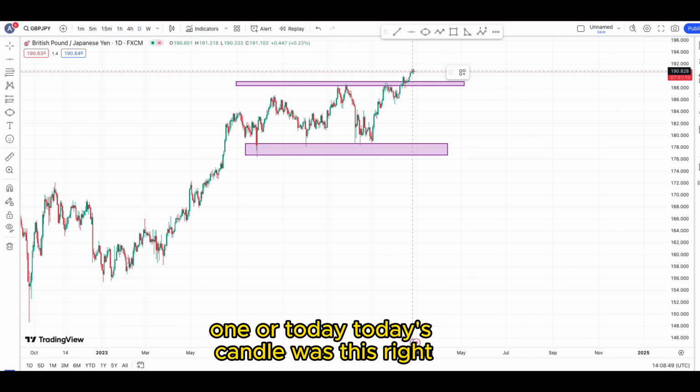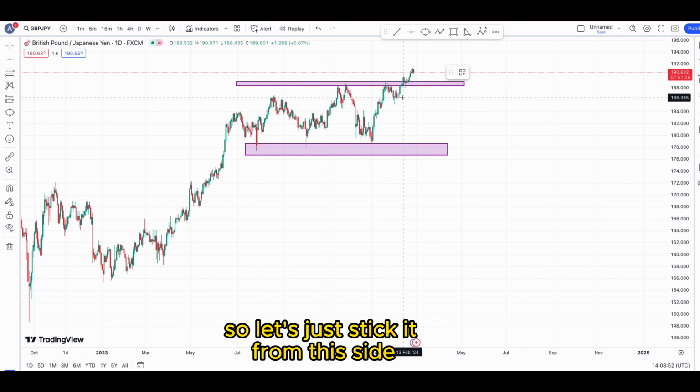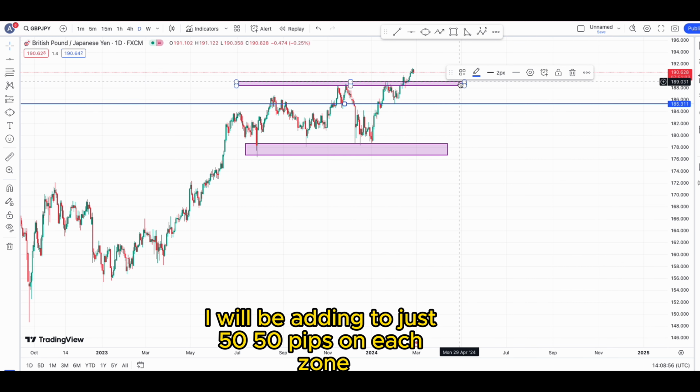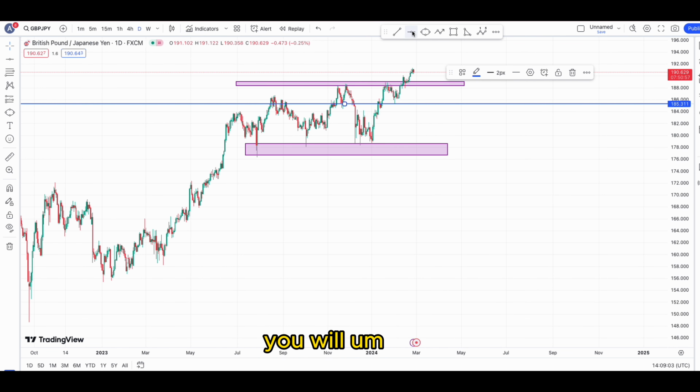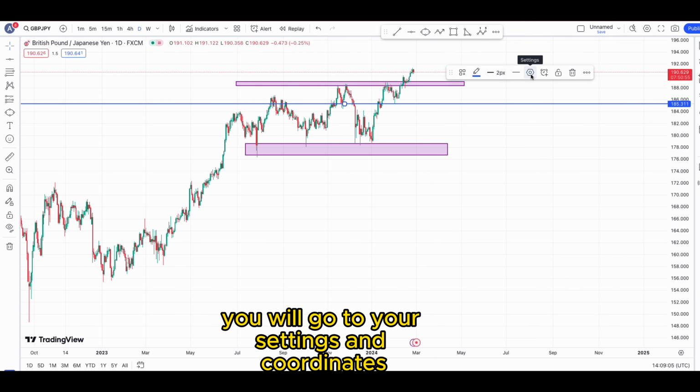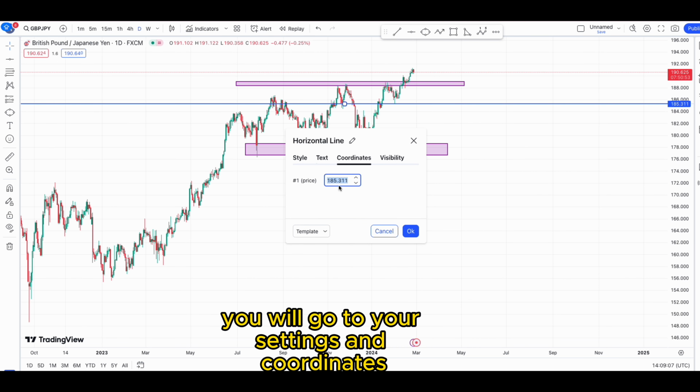On today's candle was this, right? So let's just start from this side, and we'll be adding just 5 pips on each zone. So once you put your horizontal line, you will go to your settings and coordinate the line.